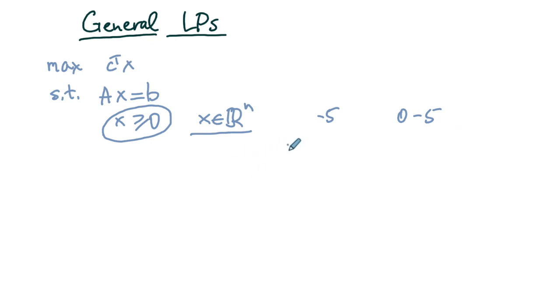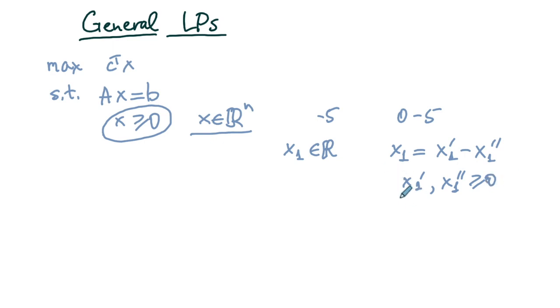So when we have a variable, say x1, that is real, then we represent it as x1 equals x1 prime minus x1 double prime, where both x1 prime and x1 double prime are non-negative.